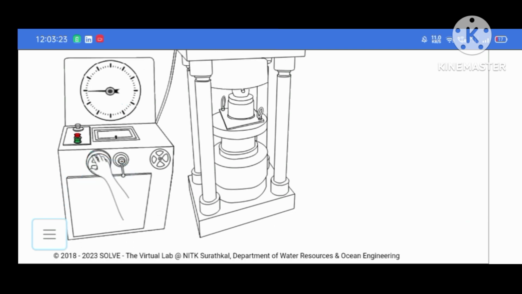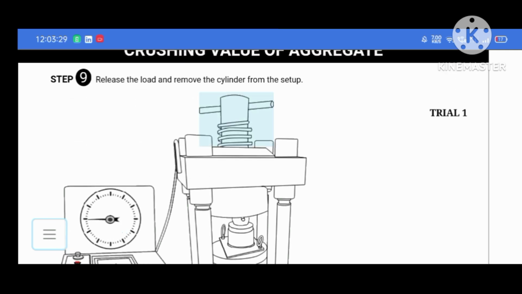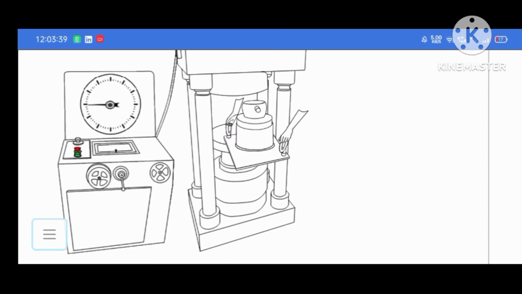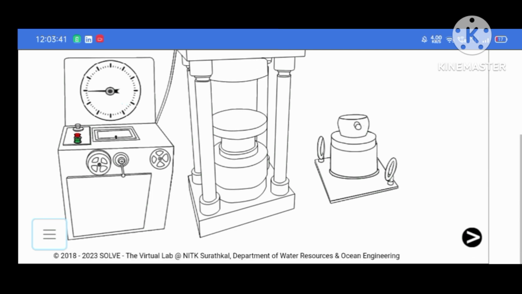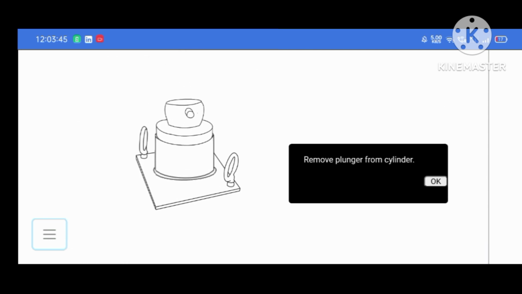Now switch off the machine. Release the load and remove the cylinder from the setup. Now remove the cylinder. Then go to the next slide. And now remove the plunger from the cylinder.